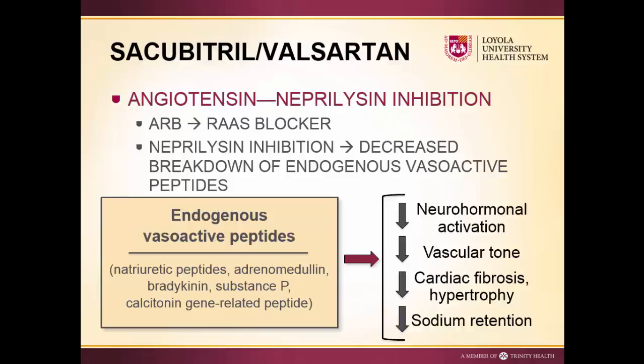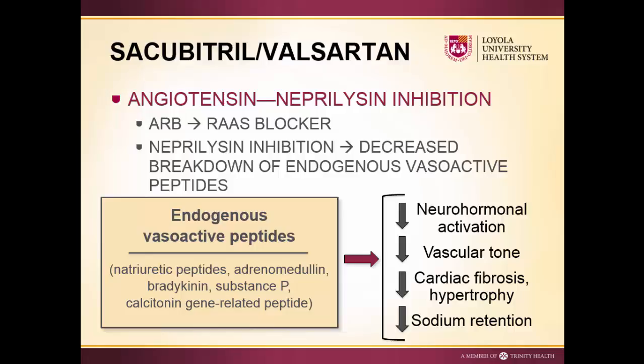Neprilysin is an enzyme that's responsible for the degradation of a lot of our small endogenous vasoactive peptides, most notably BNP. So we're all aware that BNP is a small peptide that the body makes, created within the heart in small granules, and that gets released when the heart senses a buildup of pressure, when there's stretch on the left ventricle.